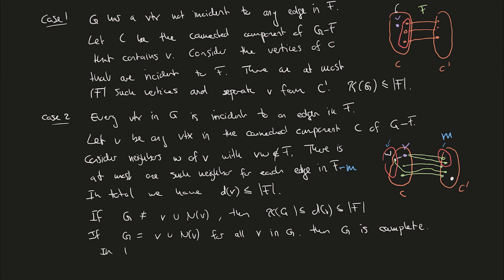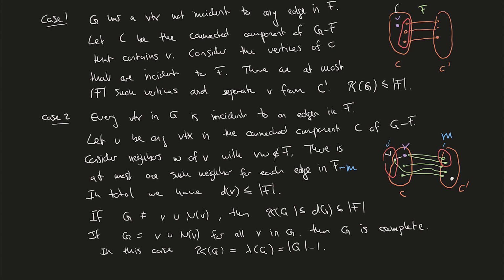And in this case, we can just explicitly say what the edge and vertex connectivities of the complete graph are. We've seen in the examples that vertex connectivity is equal to the edge connectivity, which is just the order of G minus 1 in the case of complete graphs.